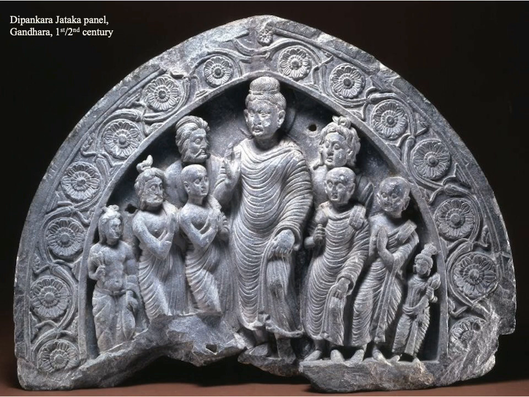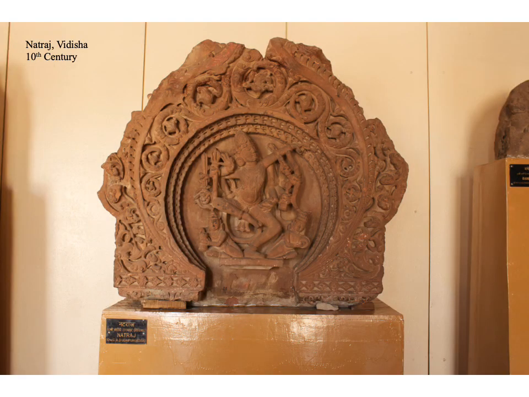It is from Gandhar, and also we can see a similar arrangement, in fact, in a later 10th century panel of Nataraj in Vidisha. Vidisha is in central India in Madhya Pradesh, and you can see a very, very similar kind of pattern of this scrolling vine and flowers.